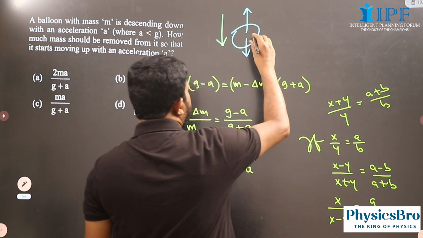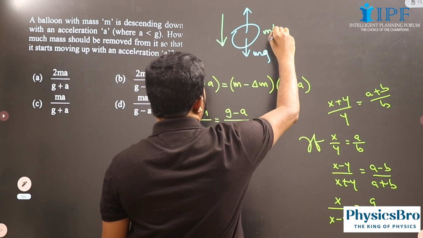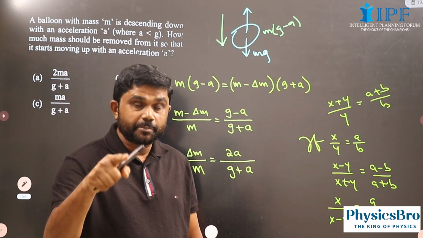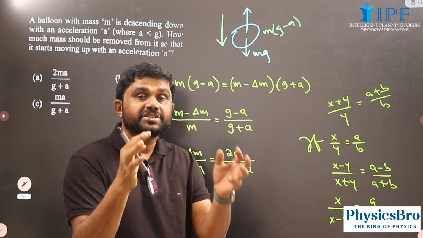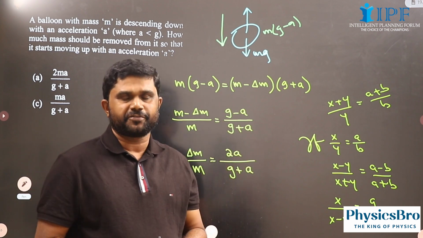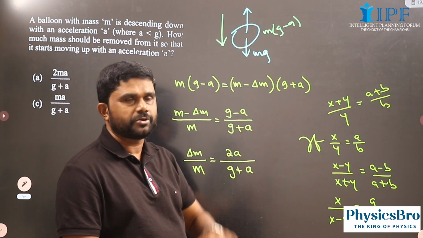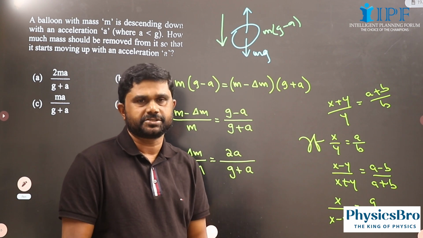So the apparent weight in this case is m into g minus a. That is the reaction exerted by the floor. It means with that much force the body presses on the floor, or it is the apparent weight. It is smaller than the actual weight mg. Okay, this is the case.